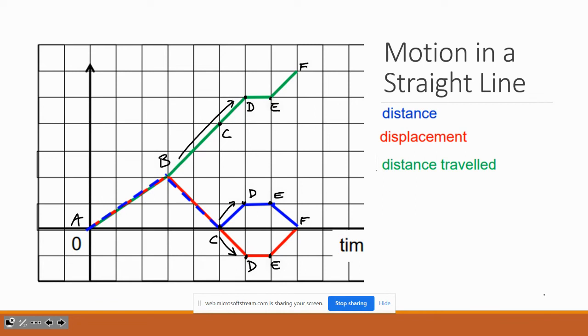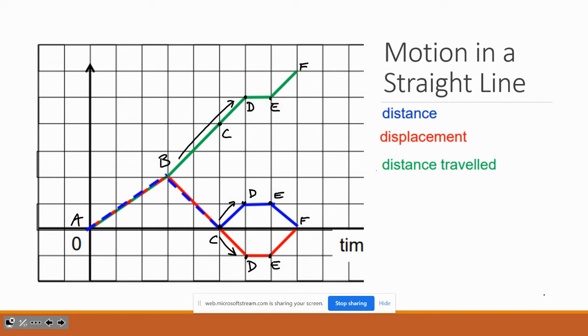E to F along our displacement is going in the positive direction because you're going from behind the start towards the start. Our distance is going in the negative direction because we're going from 1 meter away from our start to where we started in the first place. So our total distance becomes 0, and our distance traveled increases by that 1, just like our displacement, because we have traveled a further 1 unit.